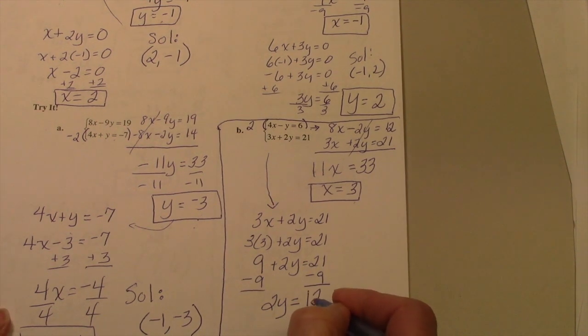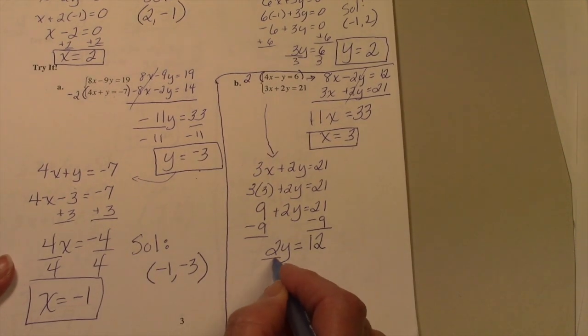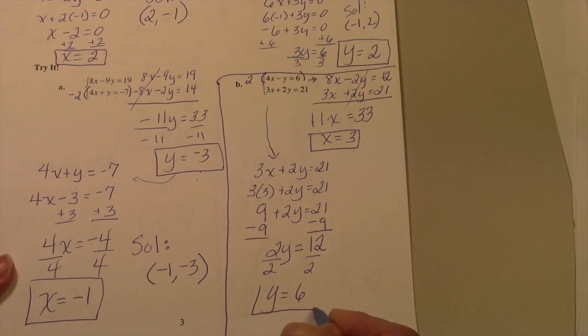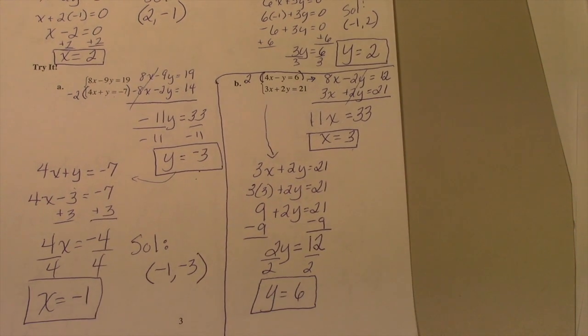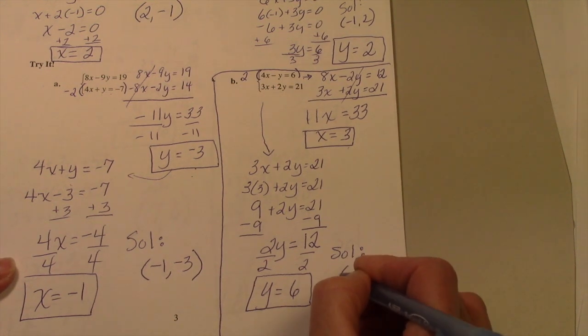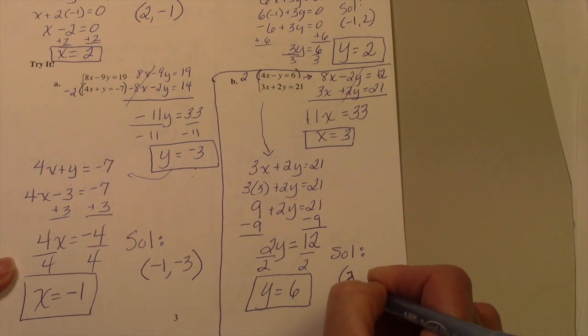Yeah. Right? Divide by 2, and y equals 6. Okay? So have we got this concept? So the solution here is, oops, x is 3, comma 6.